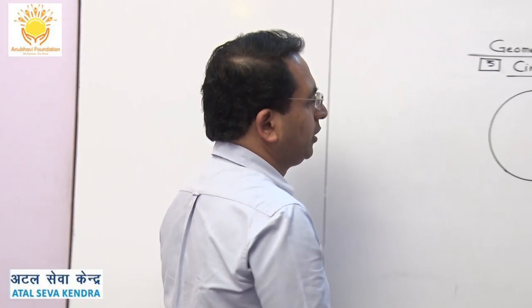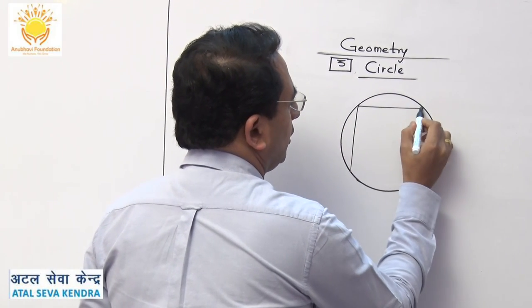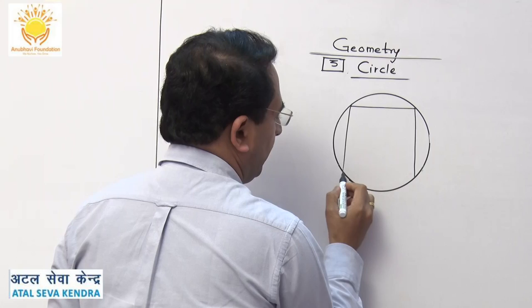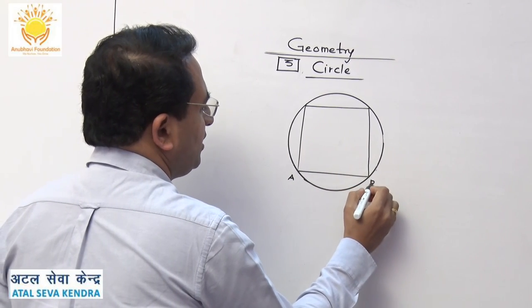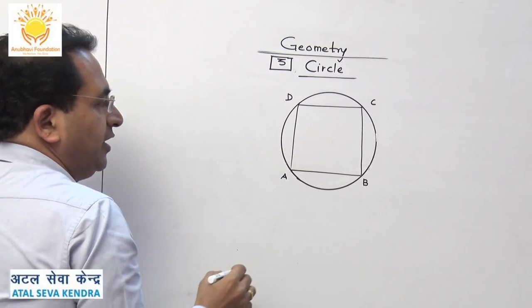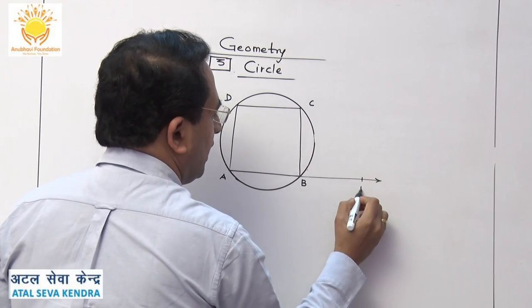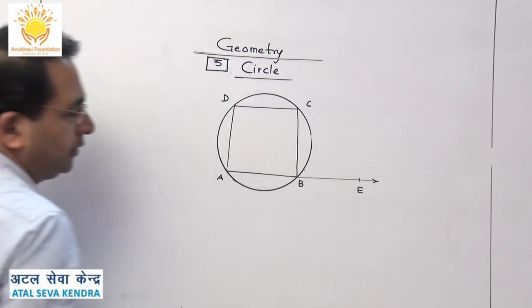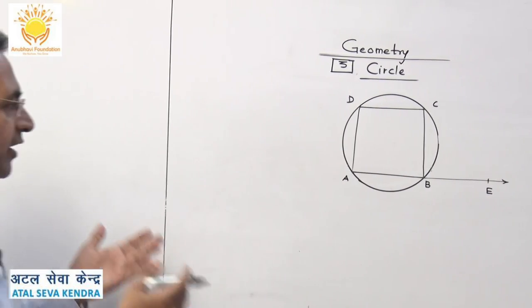One more important proof is related to the circle and cyclic quadrilateral again. This is the cyclic quadrilateral ABCD I have marked. Now I have to extend one of the sides, and that is going to be point E. You already know this, but we will revise.